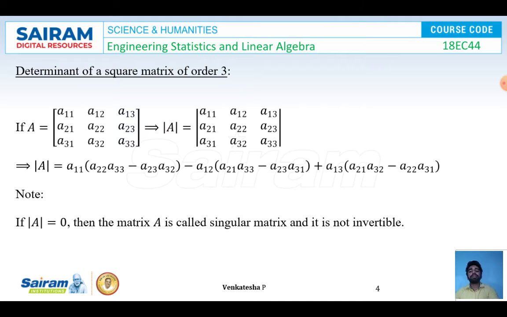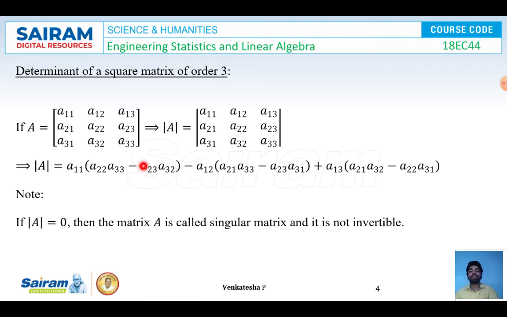So I get the determinant of A is equal to the determinant of A11, A12, A13, A21, A22, A23, A31, A32, A33. Now after expanding this determinant, we get the determinant of A is equal to A11 into A22 A33 minus A23 into A32.